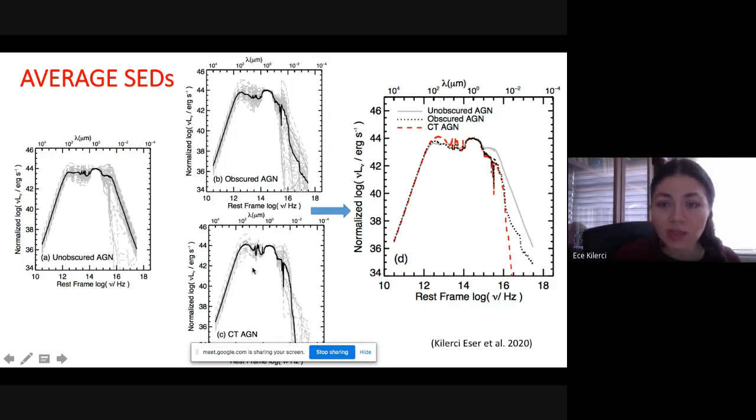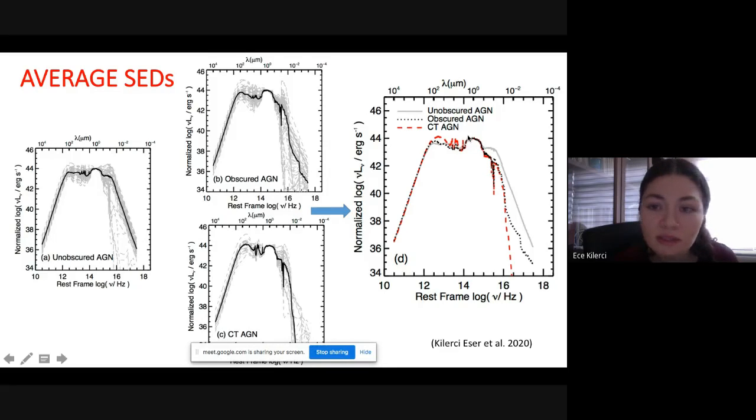Then we overplotted all three mean SEDs together to see the similarities and differences. In the optical UV part, we see that the Compton-thick and obscured AGN are dominated by the stellar emission, but the unobscured ones, of course, have this excess from the AGN emission itself. This is consistent with our understanding of AGN and our model.